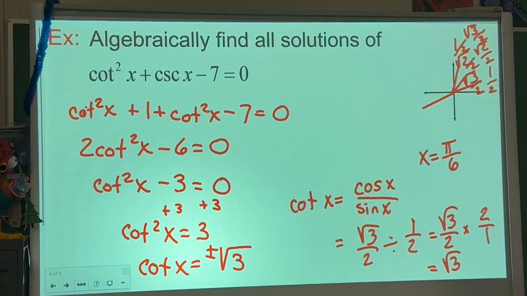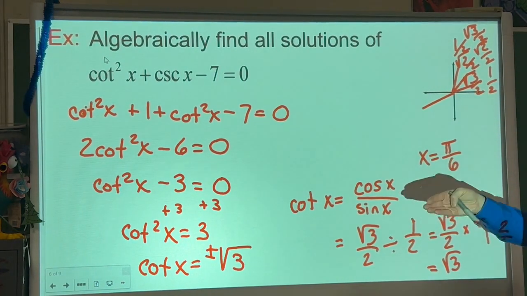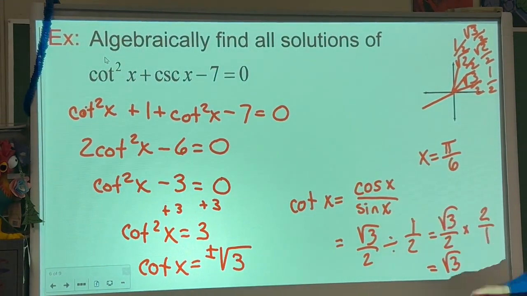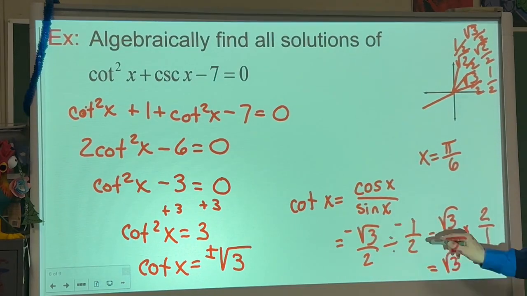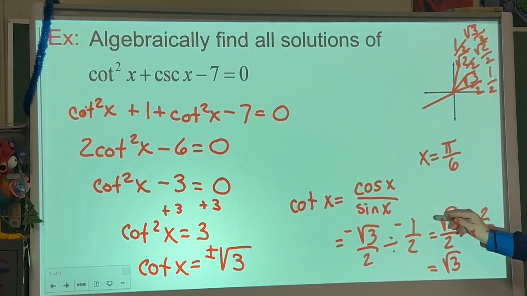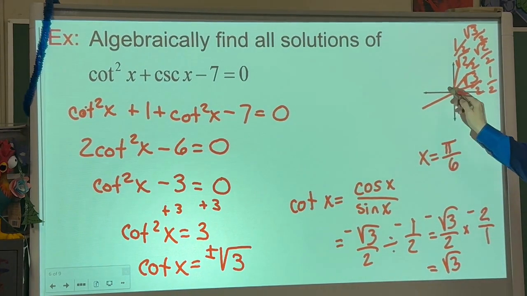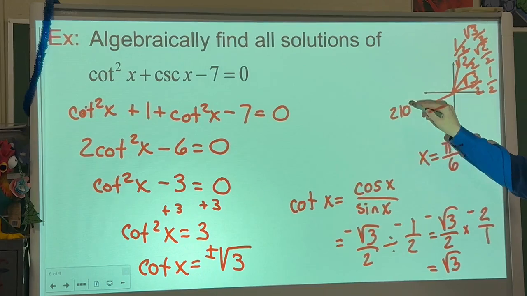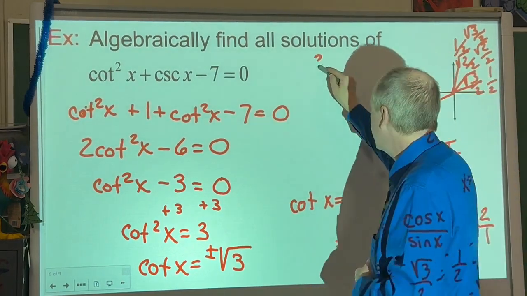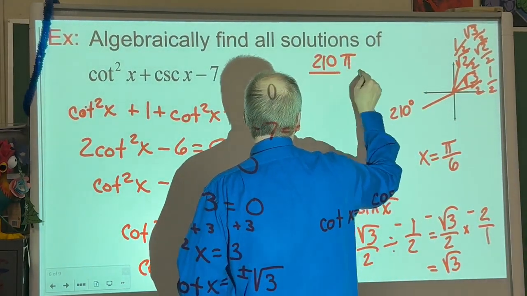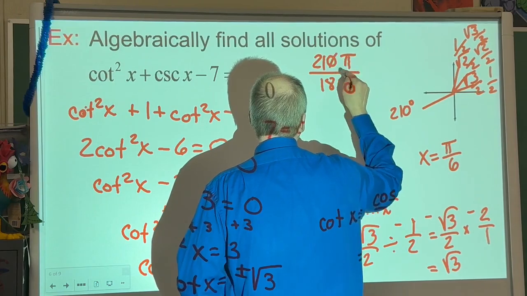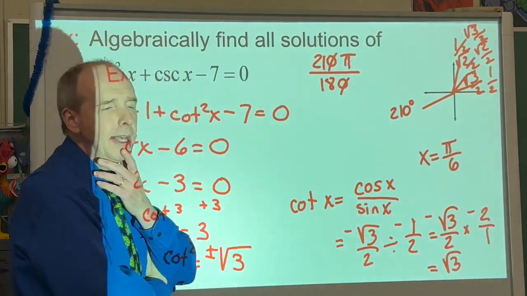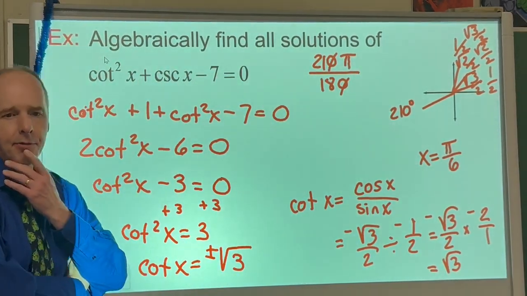When tangent is positive, so is cotangent, because both of these will be negative. 2 negatives make a positive. So, what is 30 degrees past 180? It's 210. If you need to, take your 210 pi over 180, cross off a 0, and see what divides into both of them.